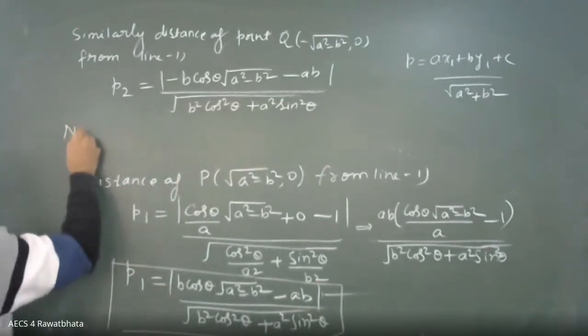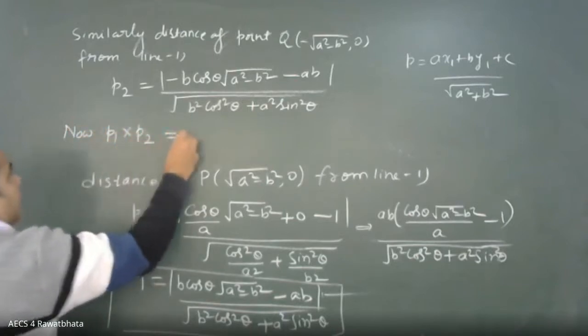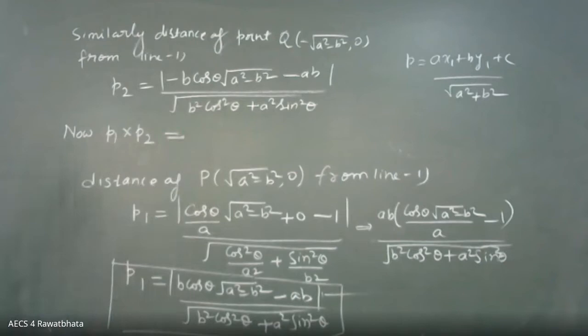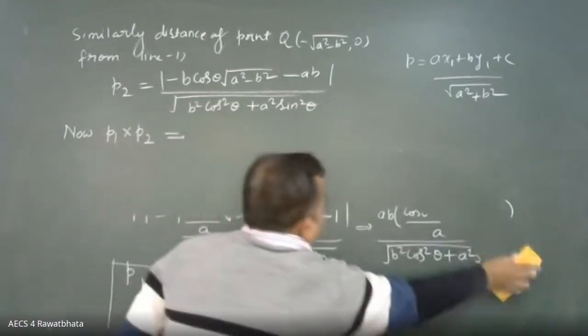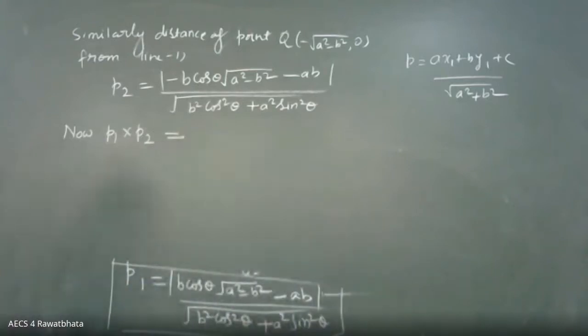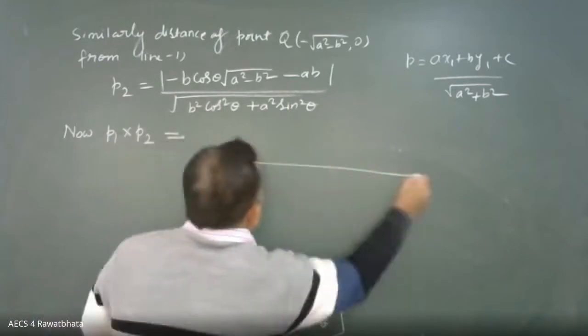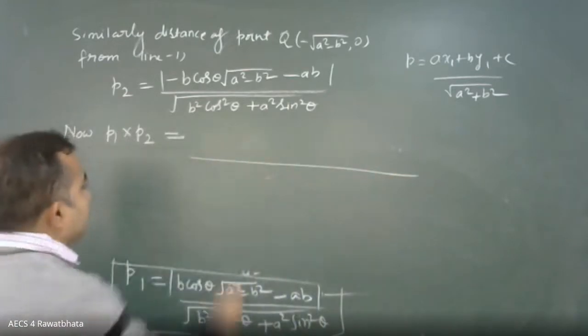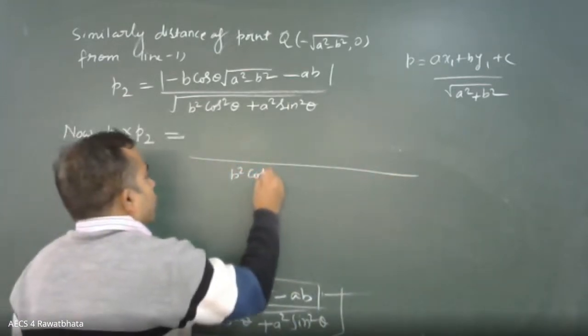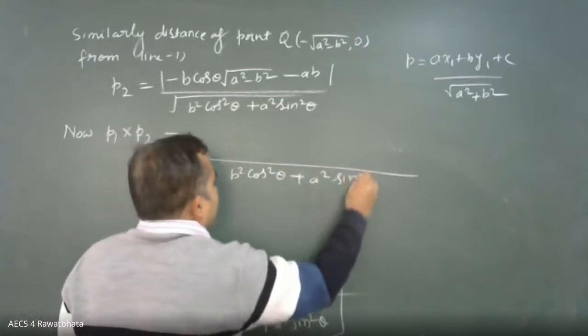Now P1 into P2, let us calculate. We have to prove it is b square. So let us put the value of P1 and P2 and multiply them. Both in the denominator contain roots, so root into root will become directly b square cos square theta plus a square sin square theta.